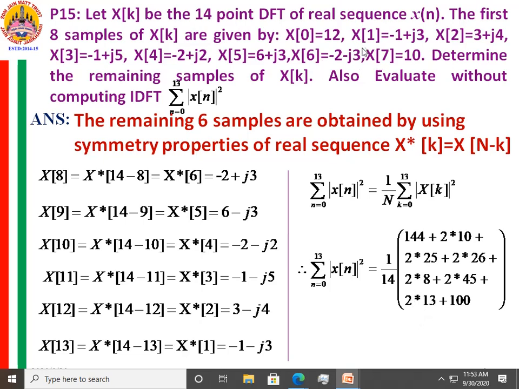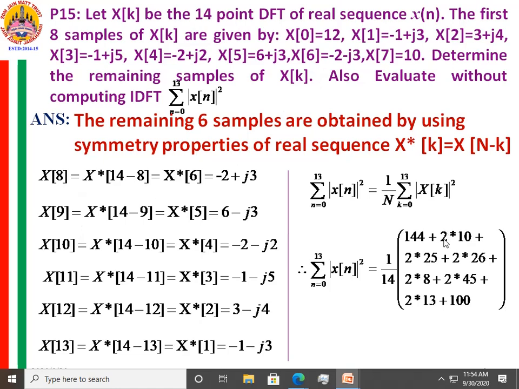Up to this it is repeated because these are all complex terms, and they have conjugate pairs here. So x1 has conjugate at 13, x2 has conjugate at 12, x3 has conjugate at 11, x4 has conjugate at 10, x5 at x9 and x6 at x7.